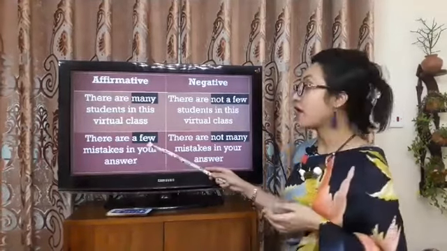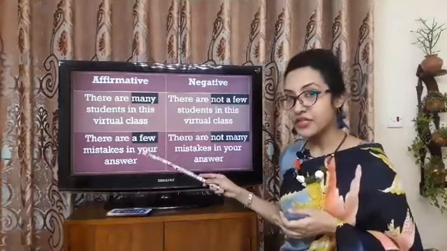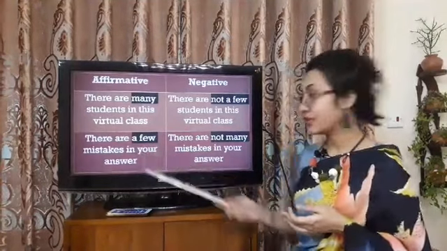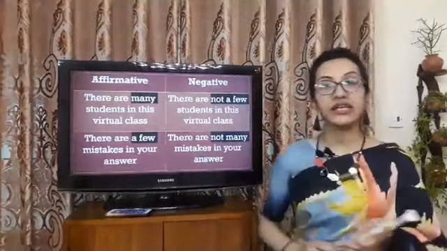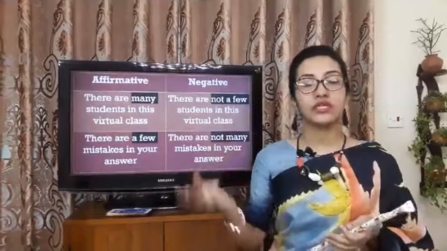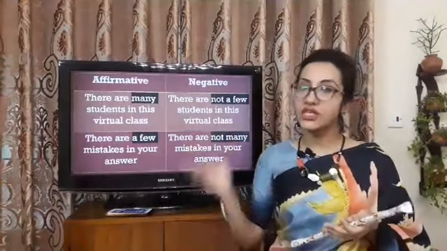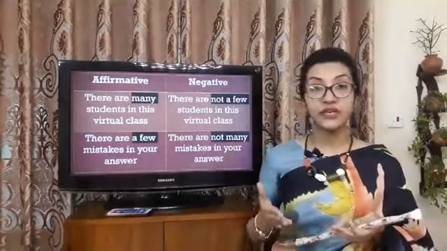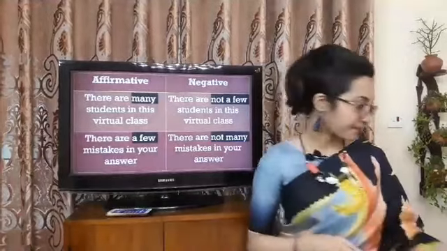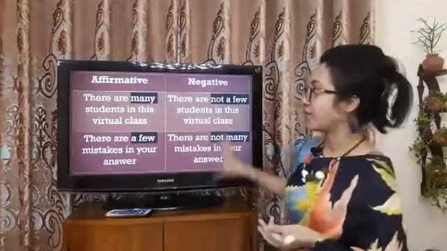If you have a few in affirmative as adjective, you are going to write not many in negative. Just ulta hoye jacche. Many er jagah not a few likhchi, not a few er jagah not many likhchi. I hope it's very easy.